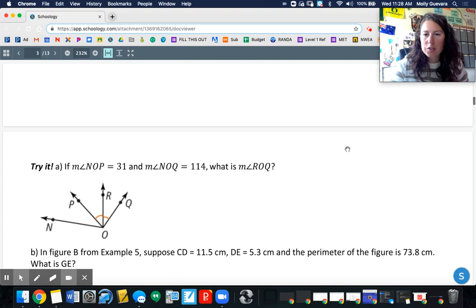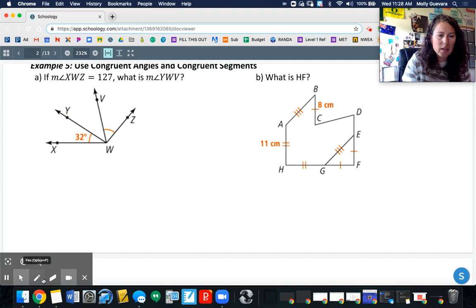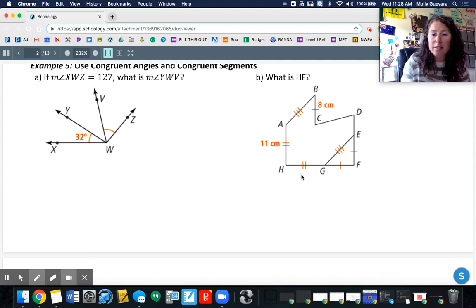Okay, so I'm going to scroll up here, and I'm going to start labeling everything I'm given. I know that 2 tick marks is 11, and I'm not going to write the centimeters just for the sake of space. Okay, so I know that this is 11. I know that 1 tick mark is 8. So these two sides are 8.